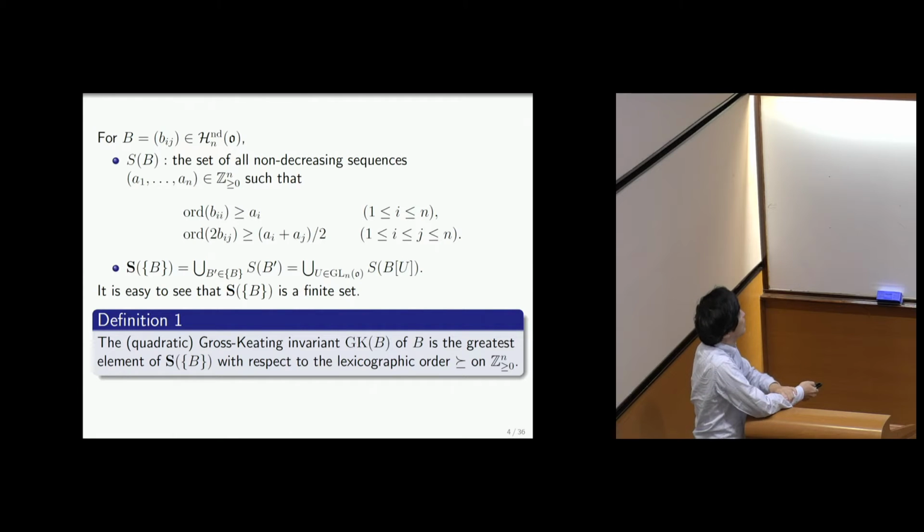Now I define the Gross-Keating invariant of B. Let B be a half-integral symmetric matrix.